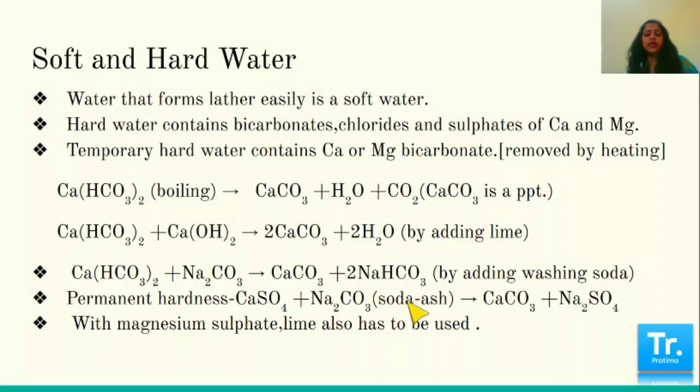So sodium carbonate will give you calcium carbonate and sodium sulfate. Though for removing magnesium sulfate, a little lime has to be used, because magnesium carbonate precipitates are a little difficult to remove. So that is all about soft and hard water, the reason for the hardness, and the method to remove it.